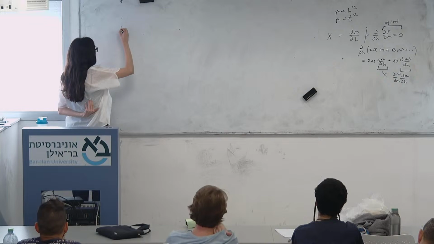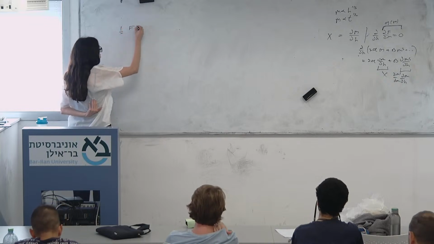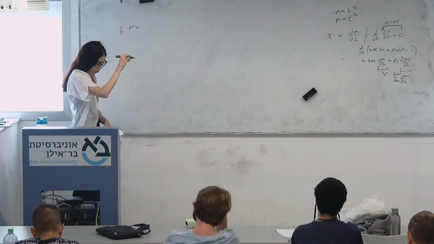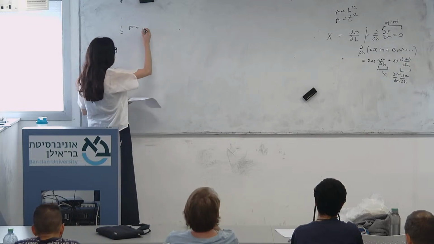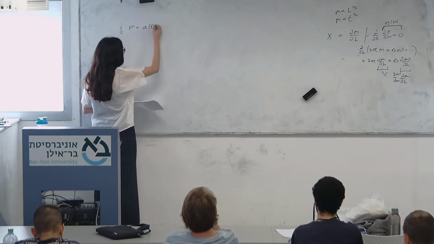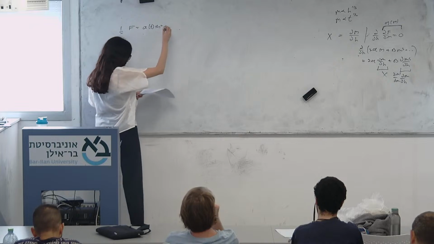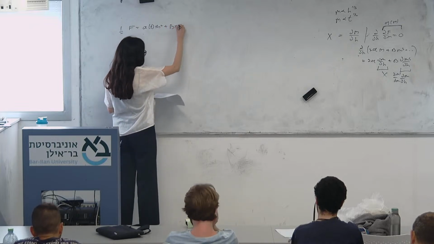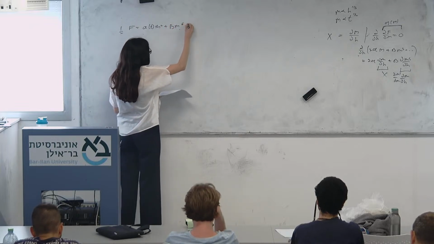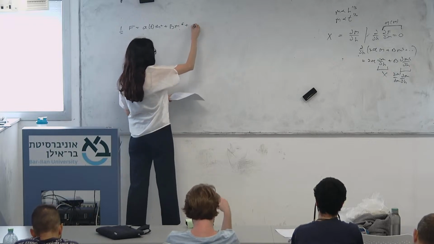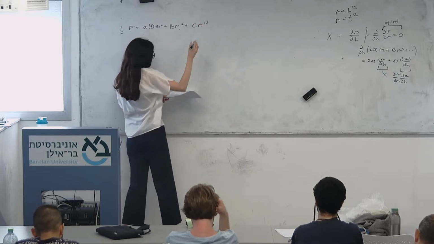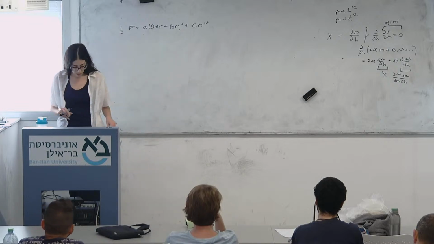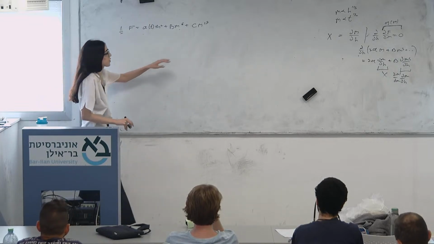Okay, so the first one is F equal to A of t, m square, b m to 6, plus c m to 19. So that doesn't look suspicious at all.